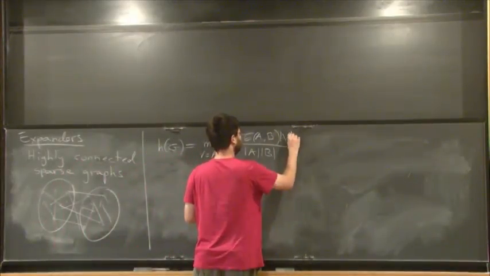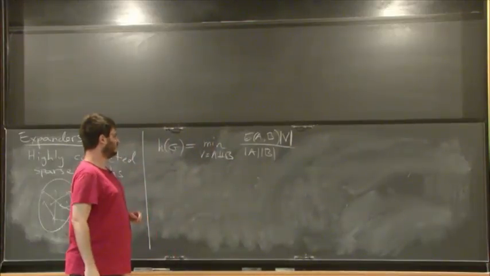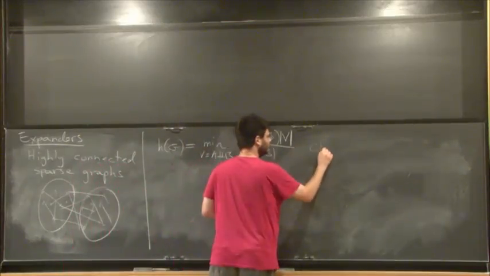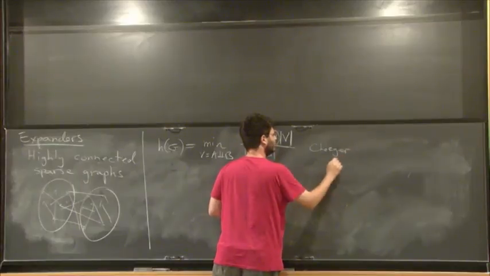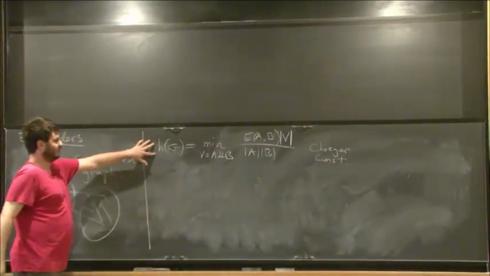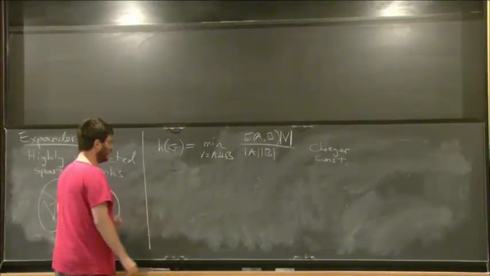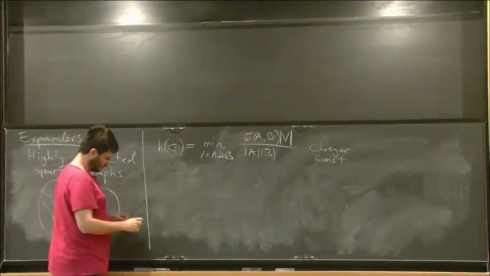And we'd like to normalize this to make it scalable. So this is the Cheeger constant. And we want expanders to have large Cheeger constants, so graphs that are stable. We can't cut them easily.